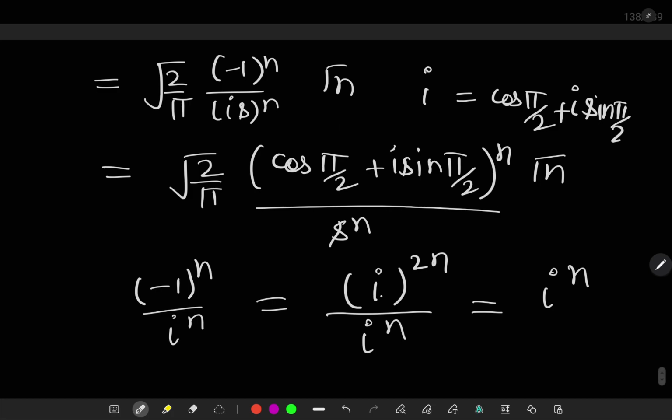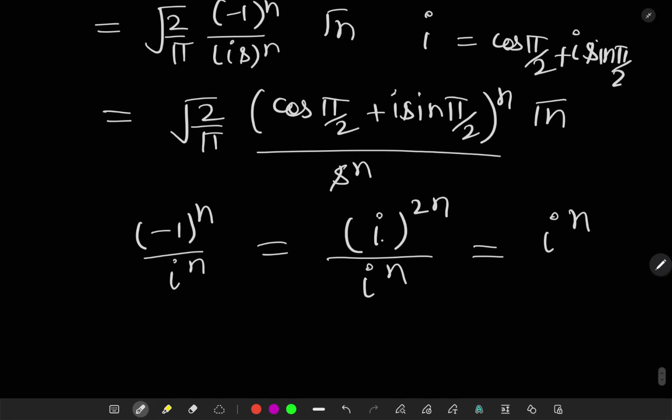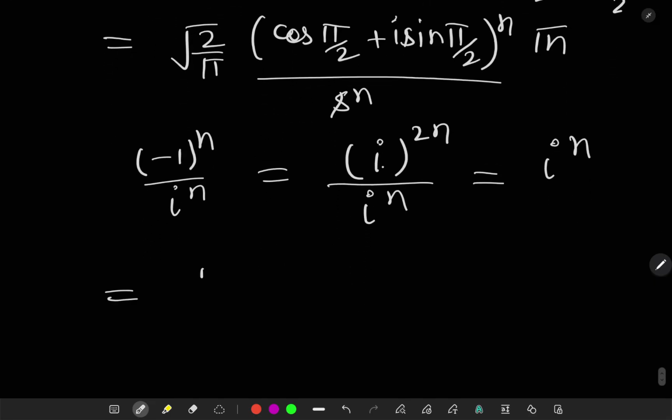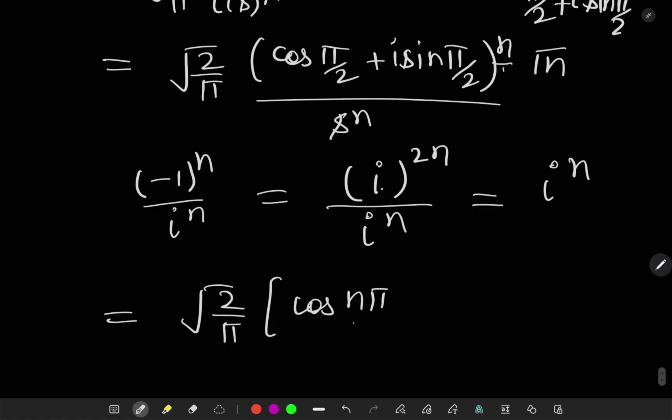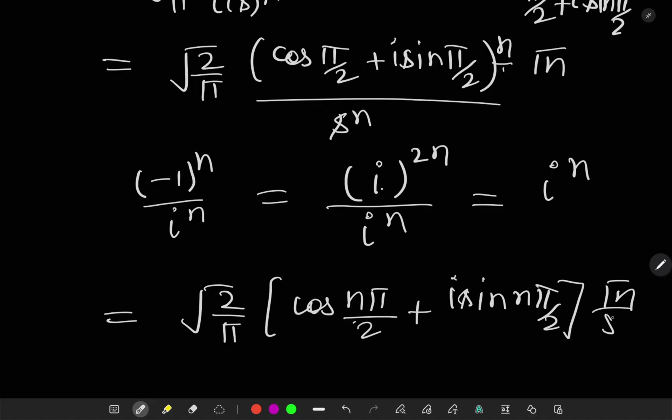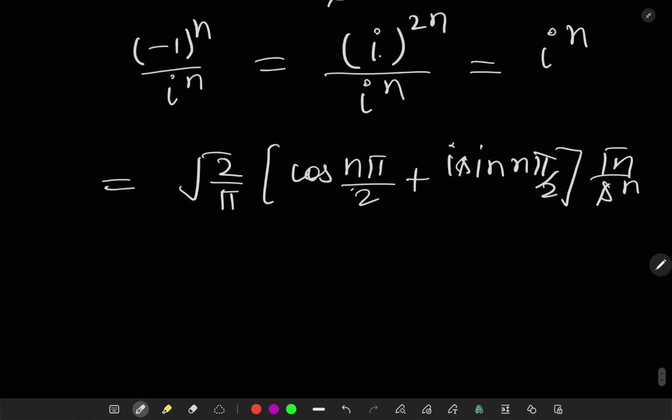Iota is equal to cos pi by 2 plus iota sin pi by 2. So this term becomes, using De Moivre's theorem, this n goes here, and this becomes this, and this is gamma n divided by s raised to power n.